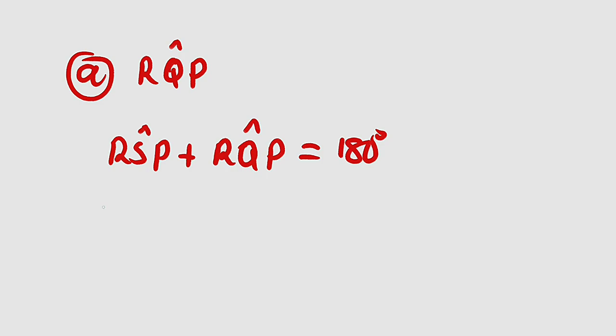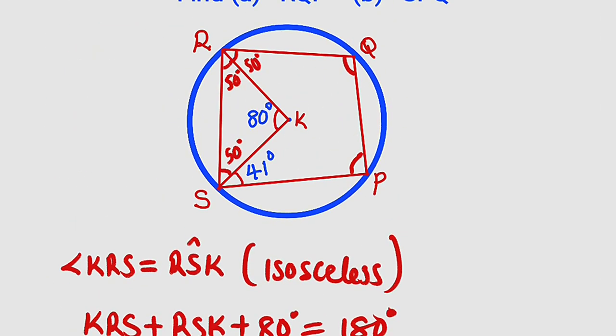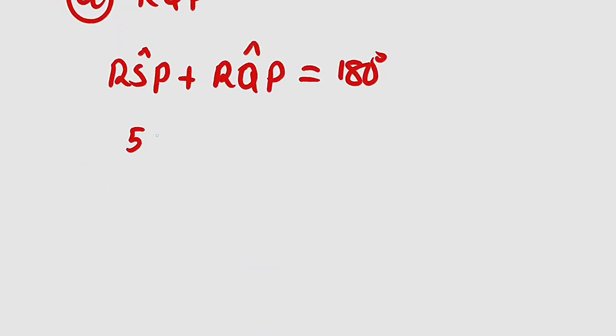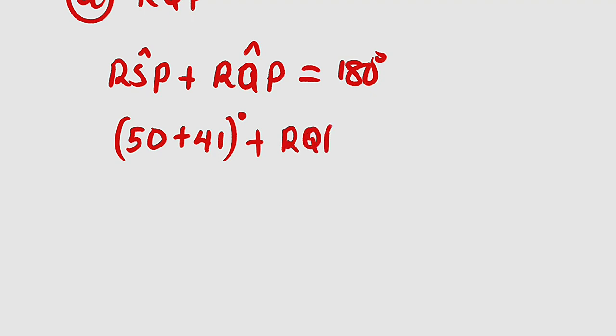But RSP will be what? 50 plus 41. That is RSP. This is a single angle. Plus this unknown, RQP, equal to 180. This together will give us 91.